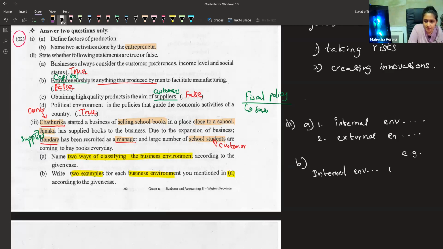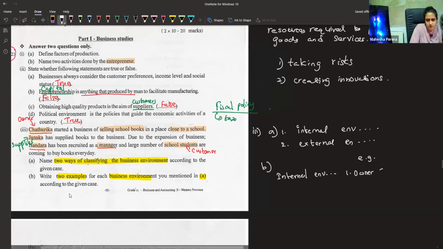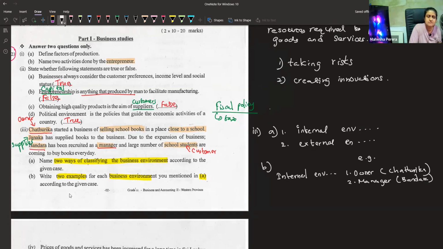Number 1, owner Chaturika. Owner Chaturika, and in brackets write Chaturika. Then second one, manager Bandara. Manager Bandara. Right. Next, in the external environment we have to write 2.